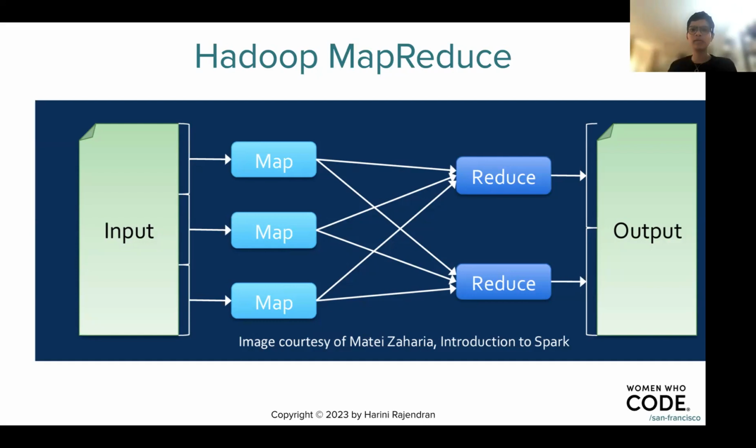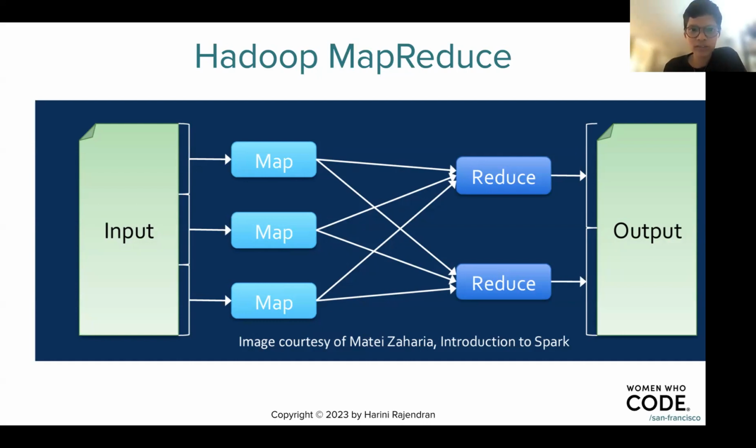So this is how the Hadoop MapReduce framework works in general. Each mapper runs in its own process. It could be a separate node in itself, and similarly each reduce job would be running in its own node. That's how data is distributed, and that's where the distributed computing concepts come into the picture.